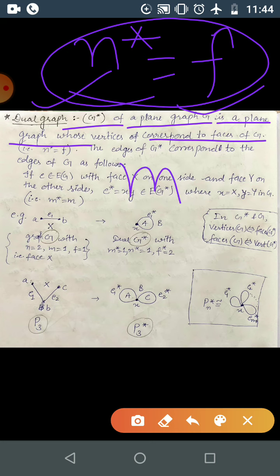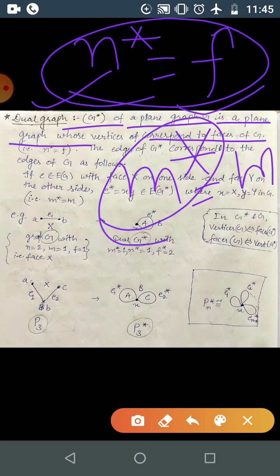That means m star, the size of the dual G star, will be equal to the size of G, and the faces of G star will be equal to the vertices of G.